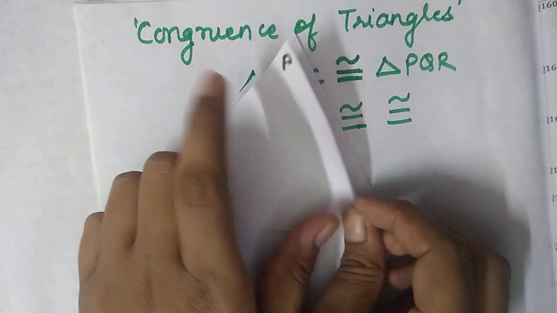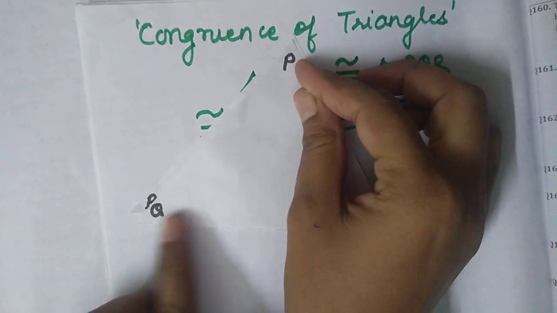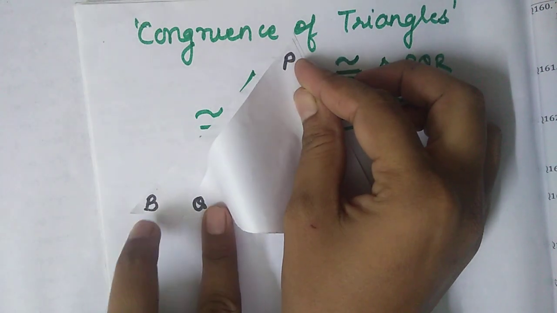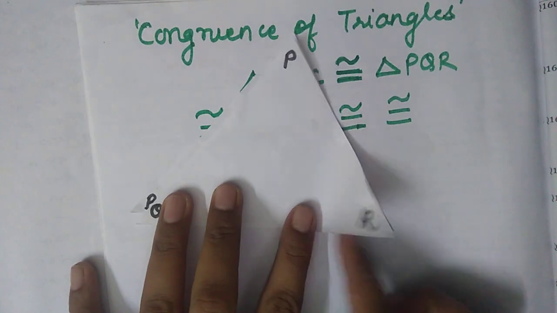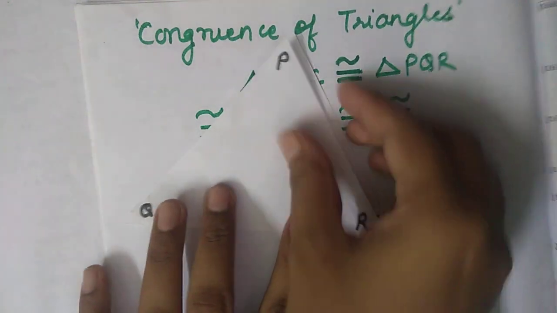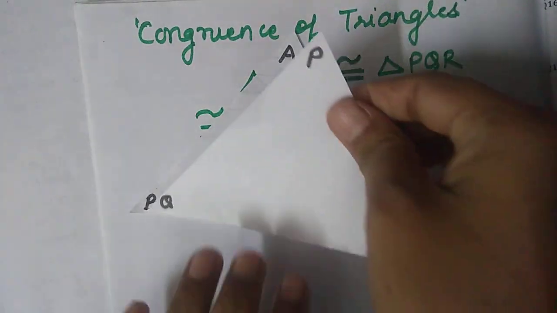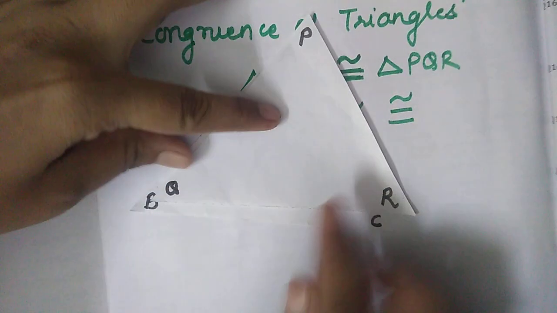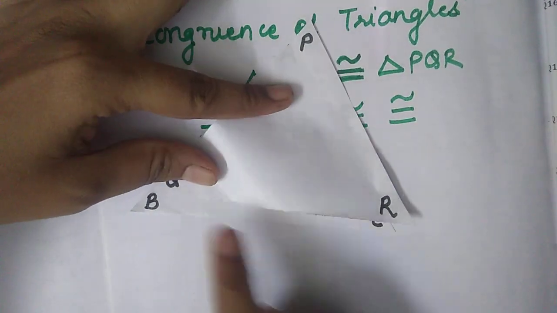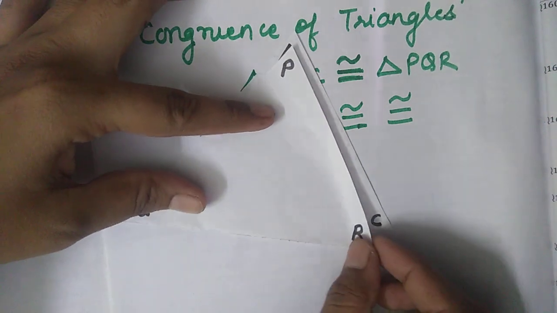This P vertex falls on A vertex, this Q vertex falls on B vertex, and this R vertex falls on C vertex. And for the sides, PQ falls on AB, QR falls on BC, and PR also falls on AC.